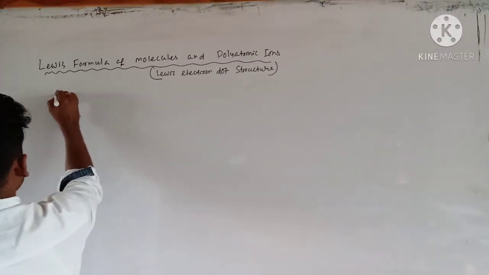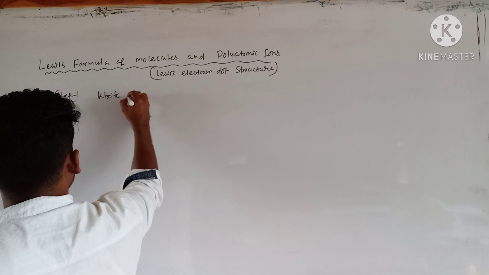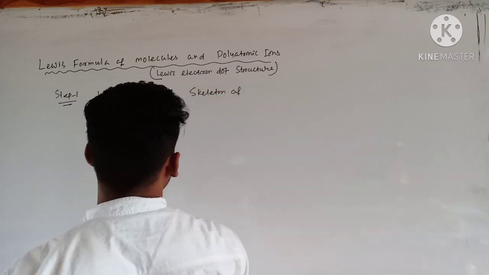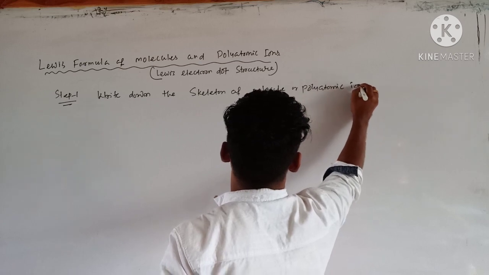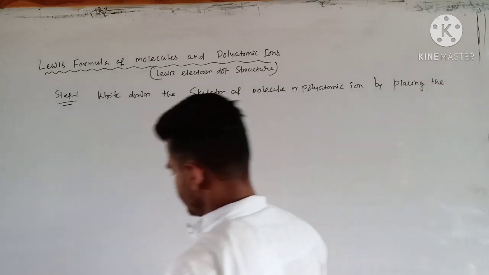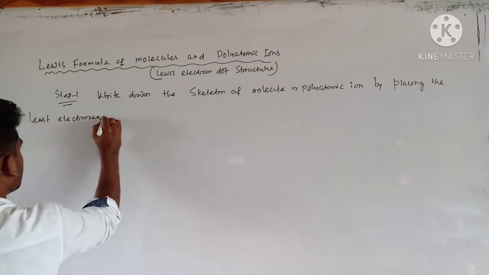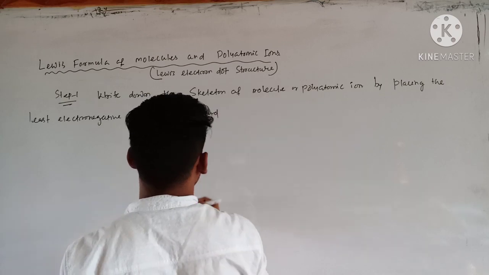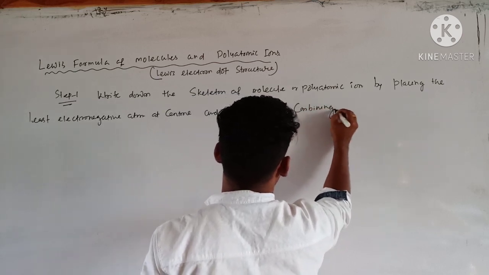Okay, so step 1: write down the skeleton of the molecule or polyatomic ion by placing the least electronegative atom at the center and other atoms as combining atoms.